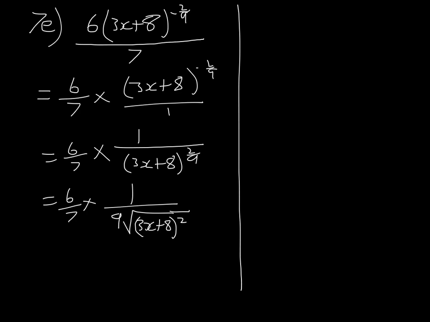Now that 9, I probably should have written it a bit clearer, a bit closer to the square root. Anyway, I'll carry on. So this equals 6 over 7. It's the 9th root of 3x plus 8 squared.